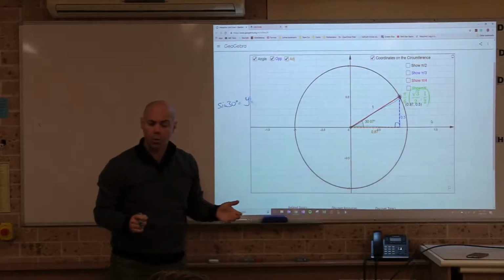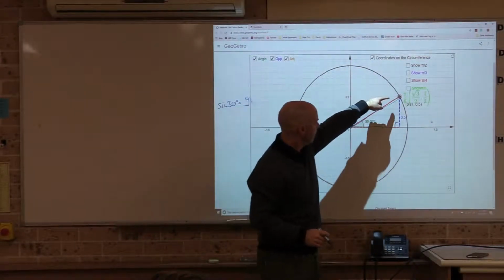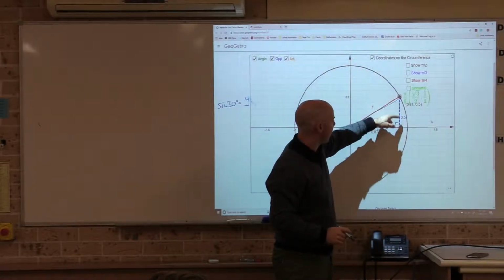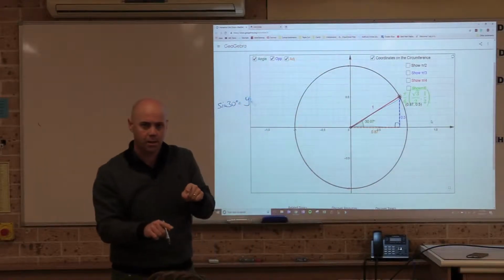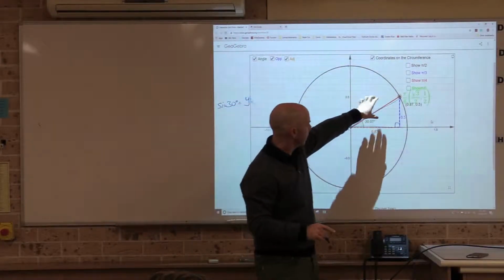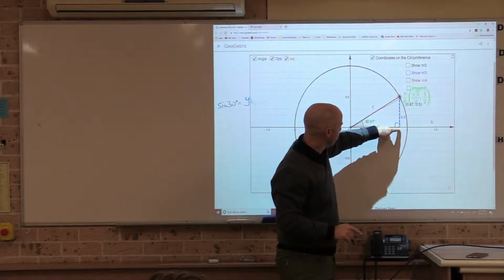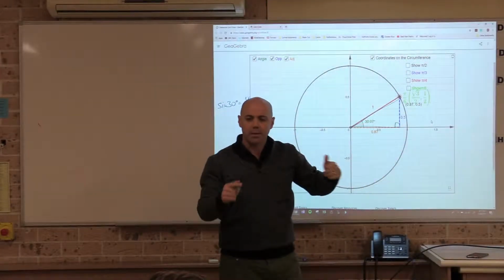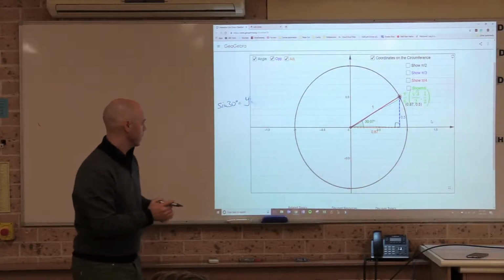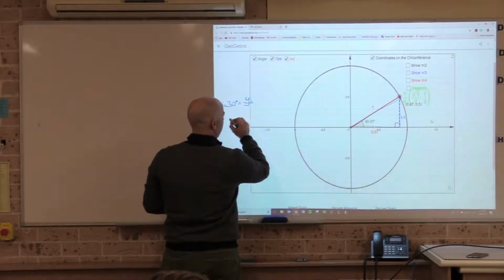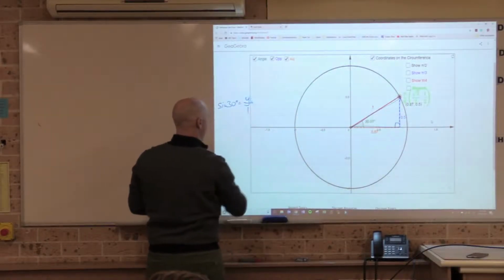And why do I pick the y-coordinate? Because the y-coordinate tells us the height, or the distance above the x-axis. It tells us the length of that side, doesn't it? The y-coordinate says this is how far that point is above the x-axis, which is the same as how long that side of that right-angled triangle is. We're okay with that? Okay, so it's y over 1.